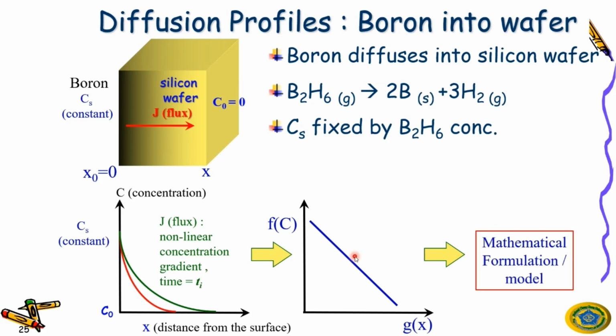Remember that from first year. So the CS needs to change to become a function of the concentration, and this needs to make another function as a distance. So you have 2 functions, and if these 2 functions can make the equation linear, you can make a mathematical model. This is called modeling. I hope you remember this.